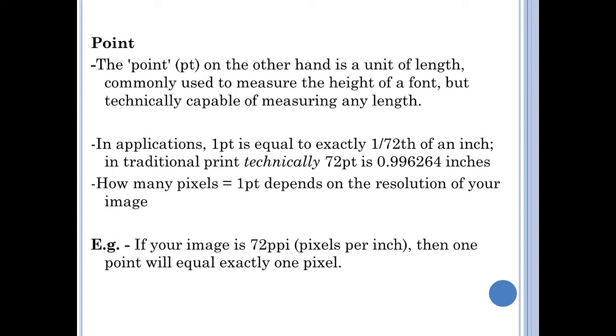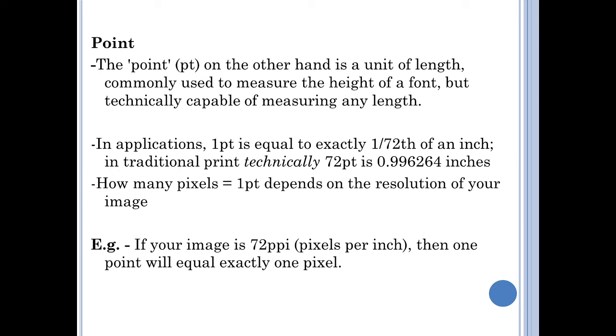In applications, 1 point is equal to exactly 1/72 of an inch. In traditional print, technically 72 points is 0.996264 inches. Actually, this is a very complicated calculation.